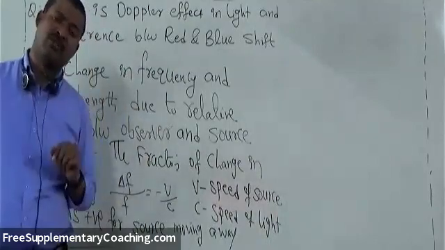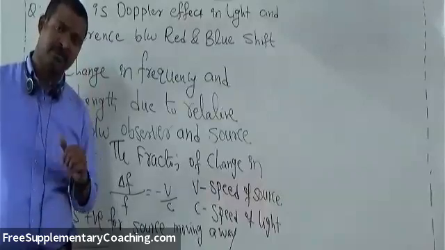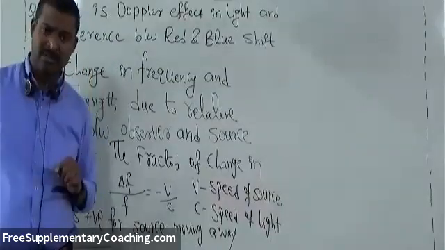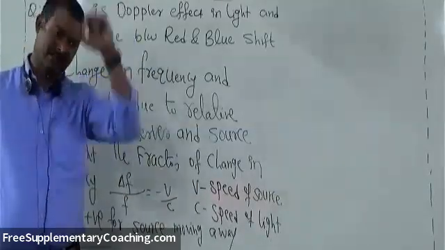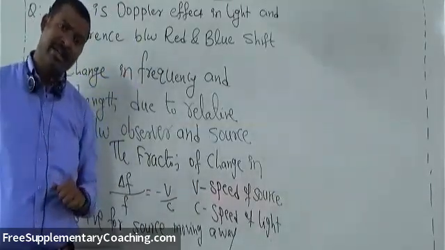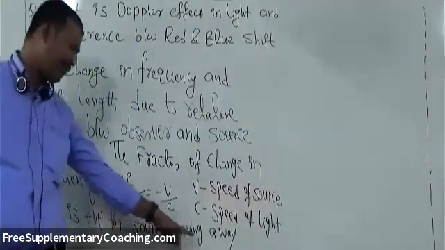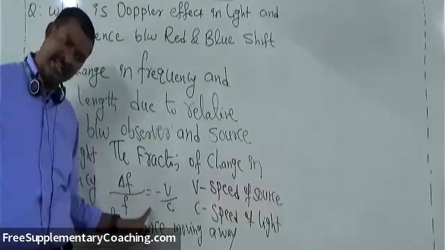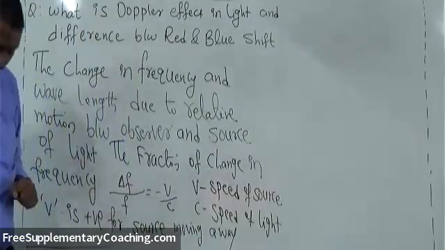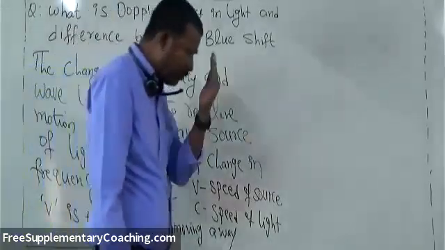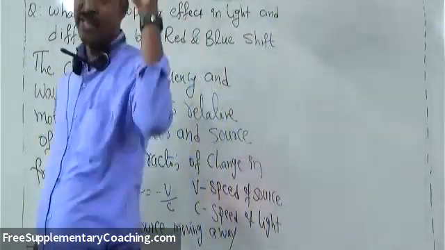We know speed of wave is equal to frequency into wavelength. As frequency decreases, obviously wavelength should increase. So when the source is moving away, frequency decreases and wavelength increases. Or when the source is moving towards, frequency increases and wavelength decreases.